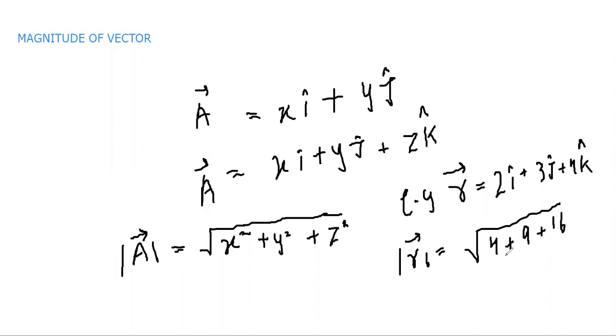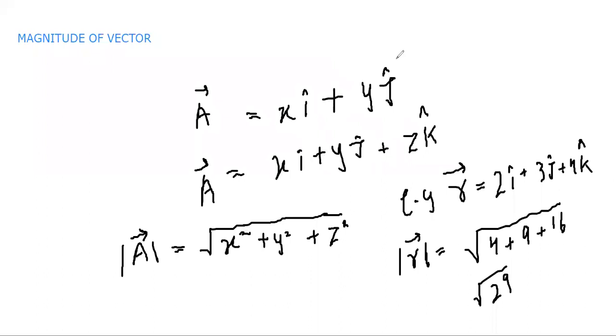So 16 plus 9 is 25, plus 4 is 29. So the magnitude of this vector would be under root of 29. This is the way you find the magnitude of any vector. Whether it is 2 dimension, 3 dimension, or only 1 dimension, you square the components, add them and take the square root.